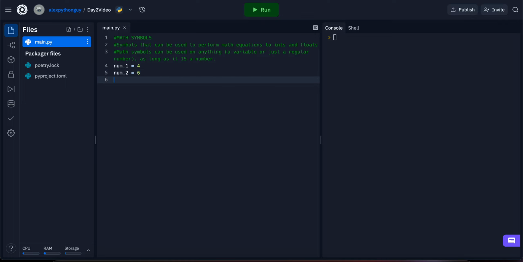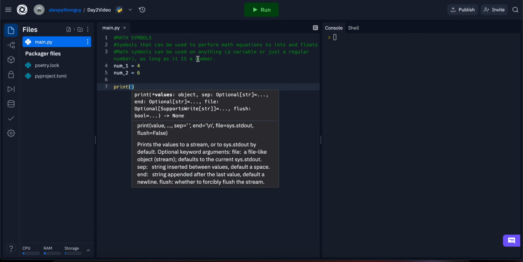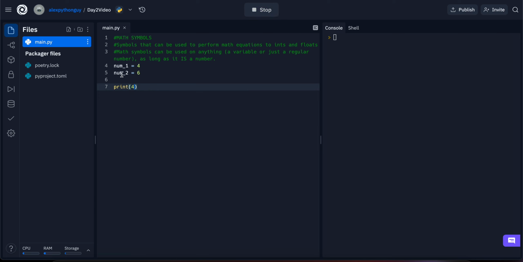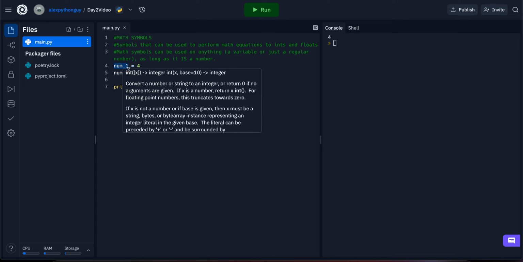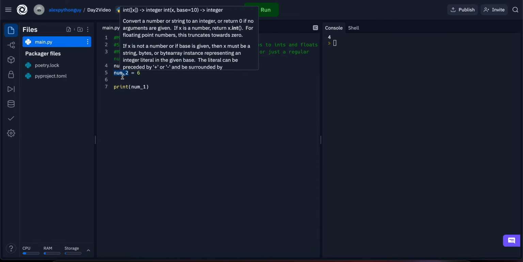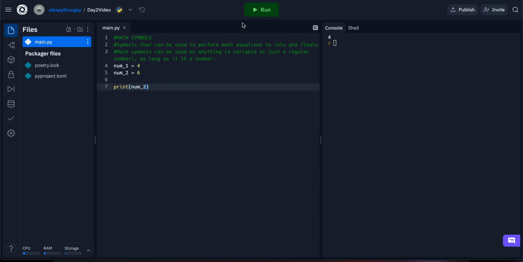Now, let's try printing num1 and num2. So yeah, they're values. But now we're going to do all of our math calculations with these.